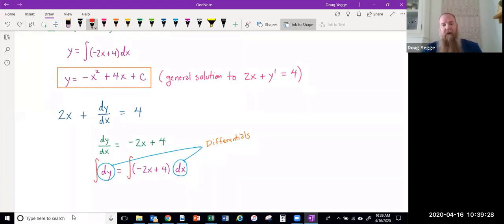So this is the process of solving a differential equation called separation of variables. All right, so in order to solve a differential equation, all we're doing is separating the x's and dx's from the y's and dy's. Okay. All right, well, what's the integral of dy?